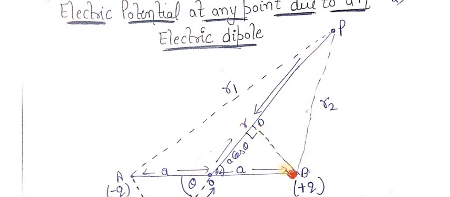There is a minute difference, because in the first case we had taken something extra, here r1 was smaller than this whole, right, so we took an approximation. In this, r2, we are taking a little smaller because we are not getting the proper r2. So r2, BP is nearly equal to PD. That means total distance is r minus this a cos theta. Then you will get r minus a cos theta, right?